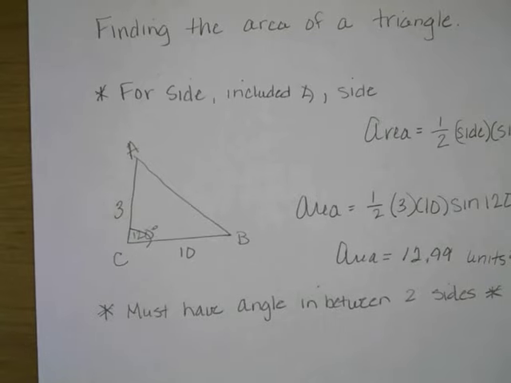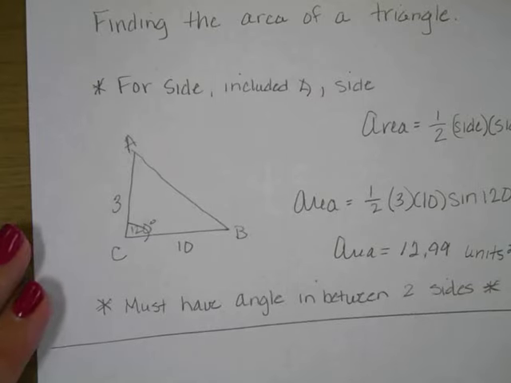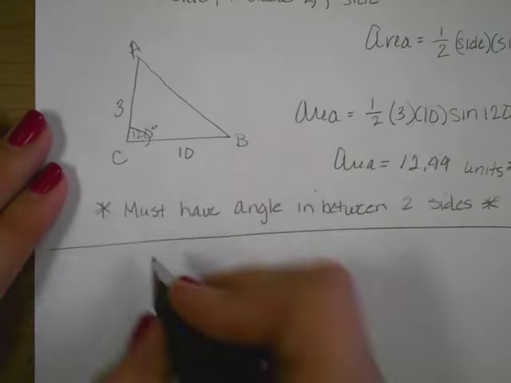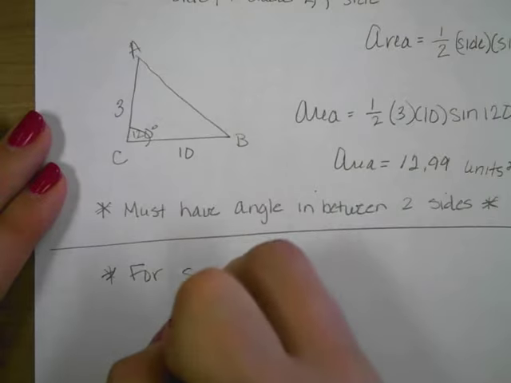So that works for side angle side. The second formula is what you use if you just have side, side, side. So if you know all three sides and no angles, use this formula.